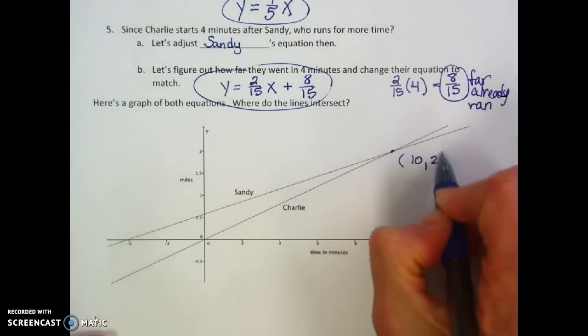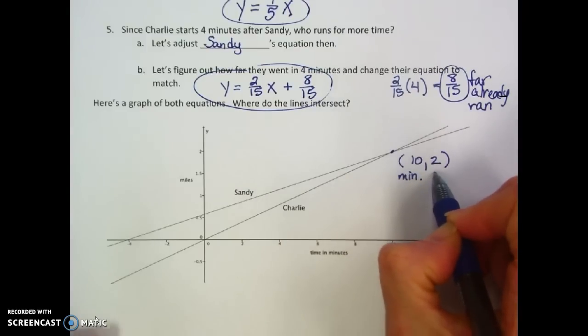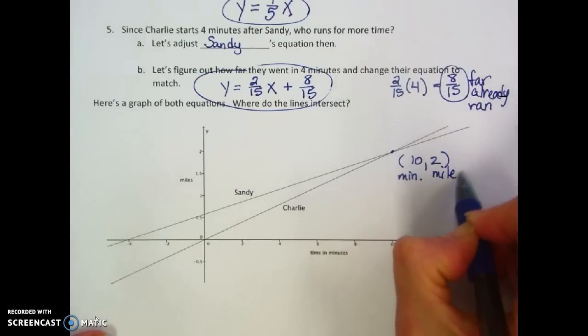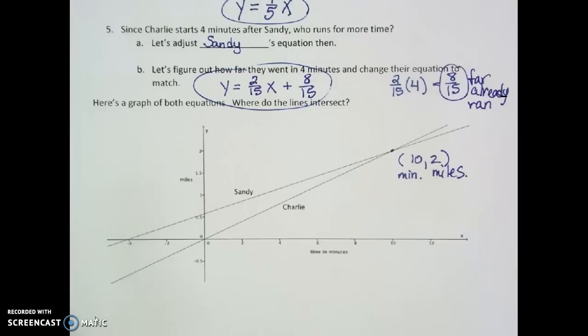So in 10 minutes, they will have run 2 miles. So it's 2 miles to where he's trying to catch her. Did he catch up? Just at the very last minute, he might catch up. He's not going to catch up anytime early.